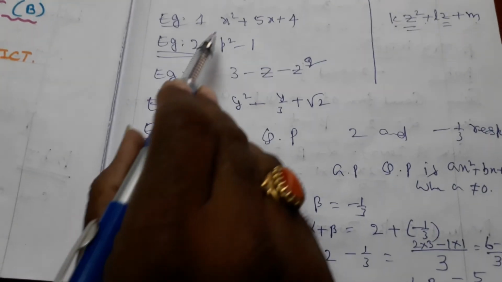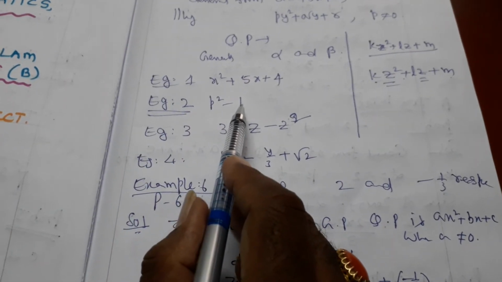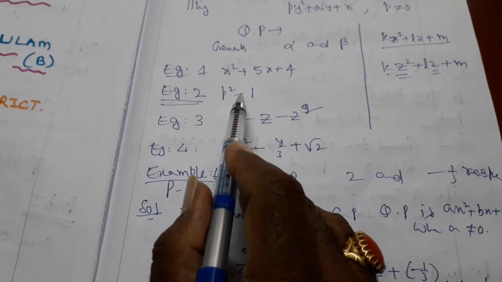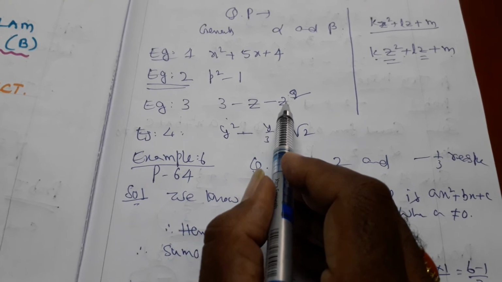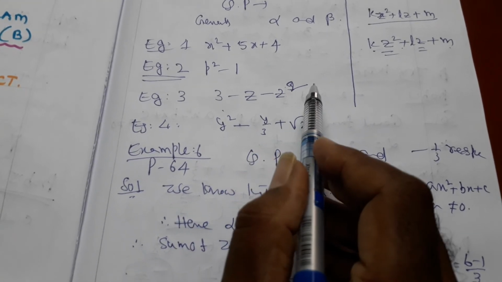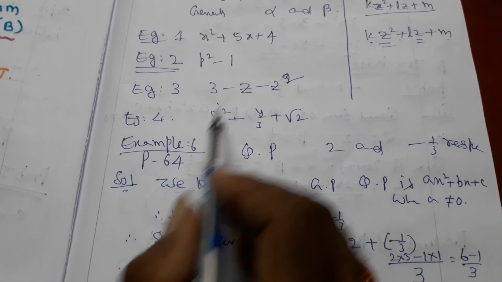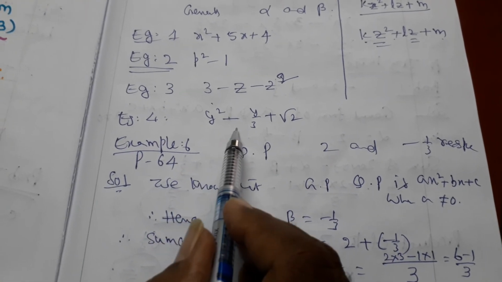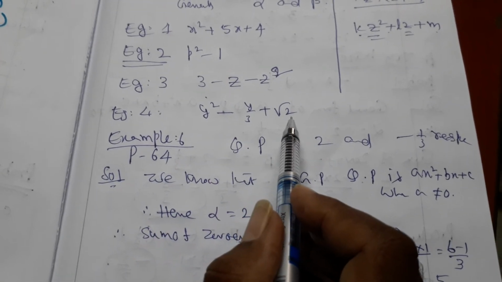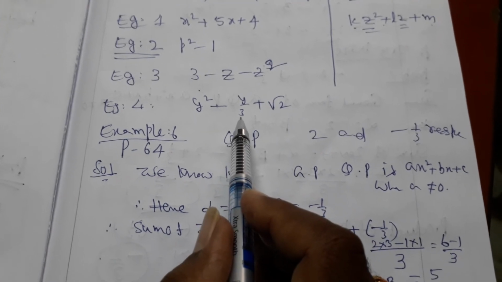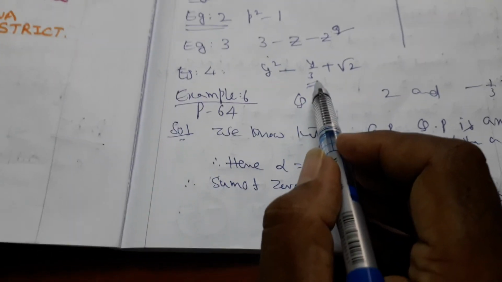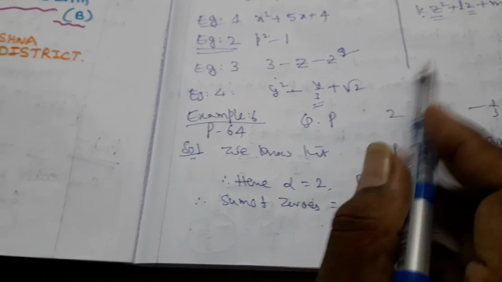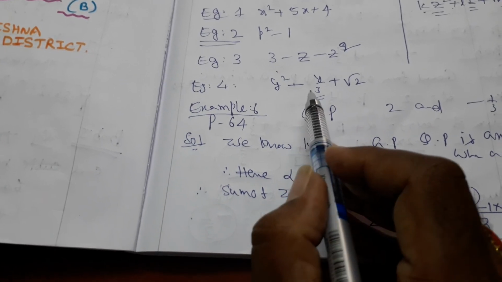And there are so many examples I have given. This is one type. In this the px term is not available. In this the square term is in the last term, and then in this y square, variable modulus some root 2 is here, there is no problem. Here only the coefficient is in the denominator. If the variable is in the denominator, that means it is not a polynomial, but there is no problem here, the coefficient only is in the denominator.